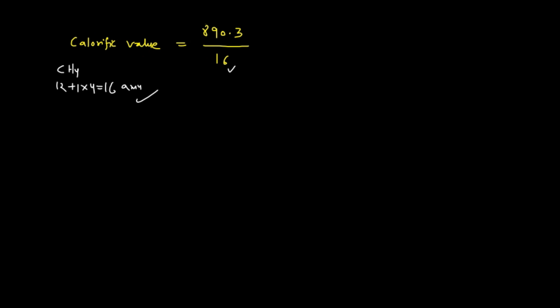But when you calculate the calorific value, you omit that negative sign, because calorific value is always positive. If you solve this, it will give you 55.64 kilojoules per gram.